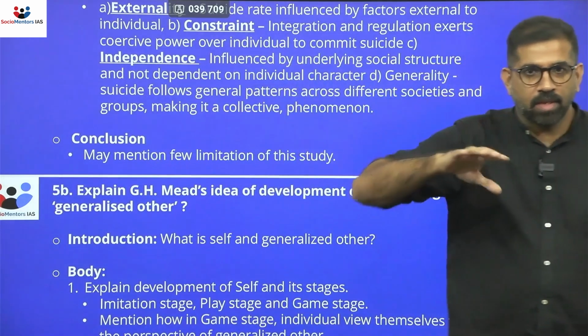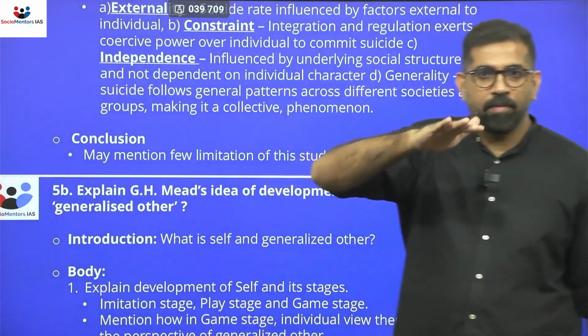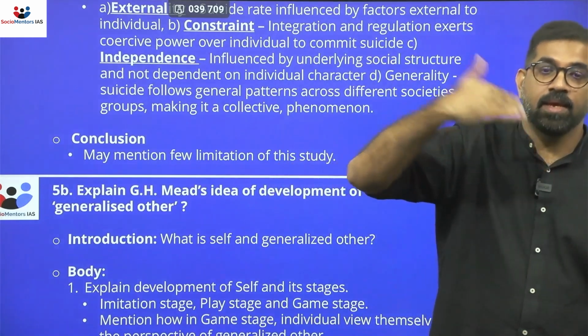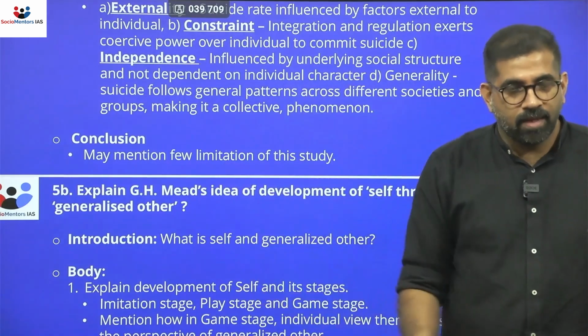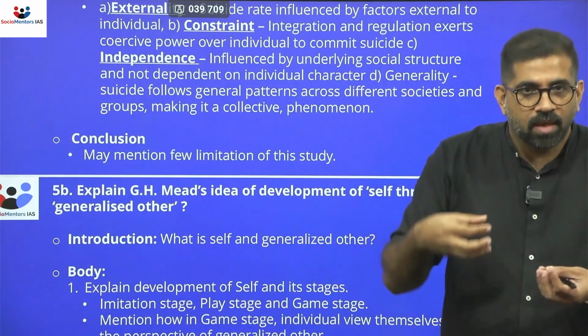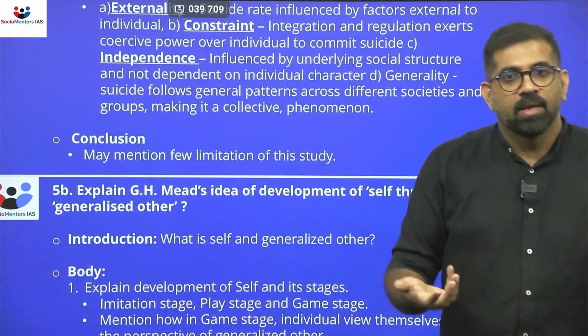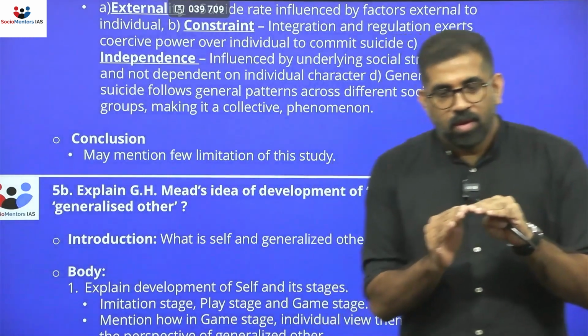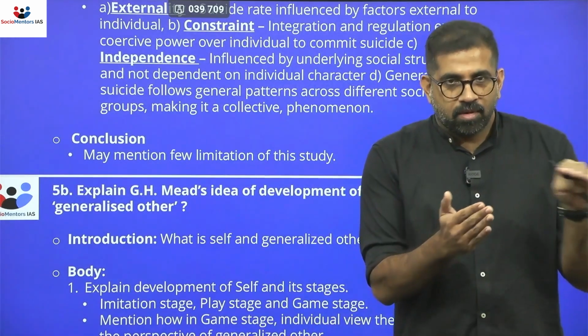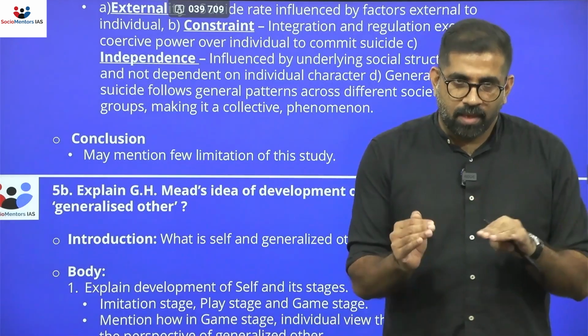Because according to Durkheim, a society will have a particular suicide rate which may exist like that for a longer period of time. And then what happens? Suicidogenic currents may appear in the society that will lead to an increase in suicide rate. Individuals' character throughout this period will be the same.